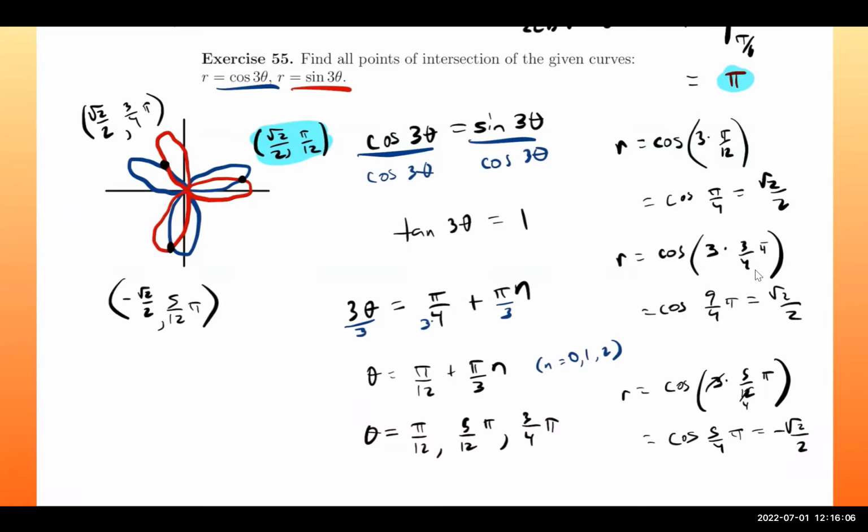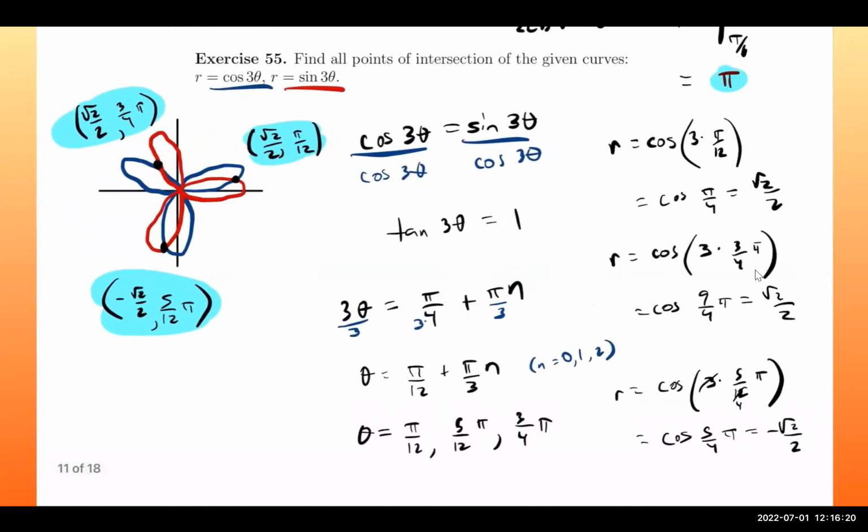And there's that negative that we were expecting. The negative is there because 5/12 is actually in the second quadrant, and so you need a negative r in order to get to the third quadrant. So that makes sense. That concludes the section.